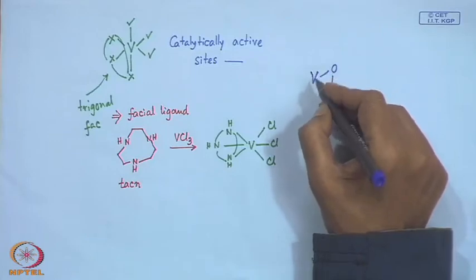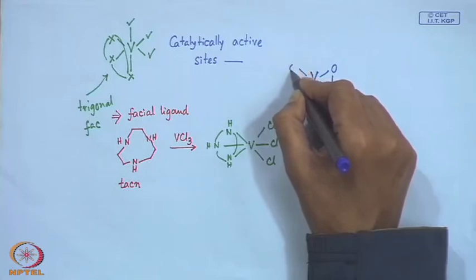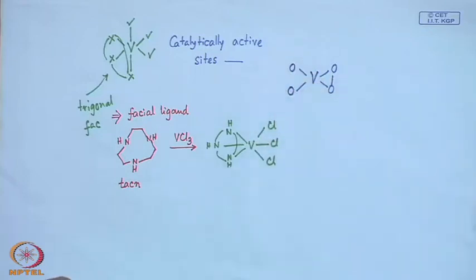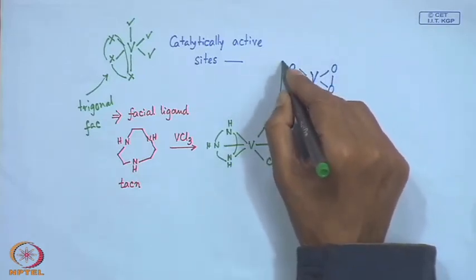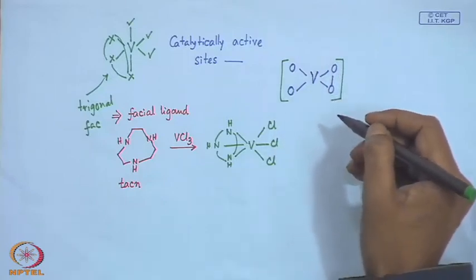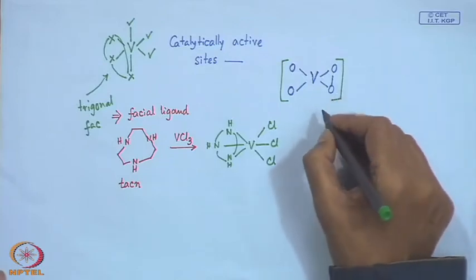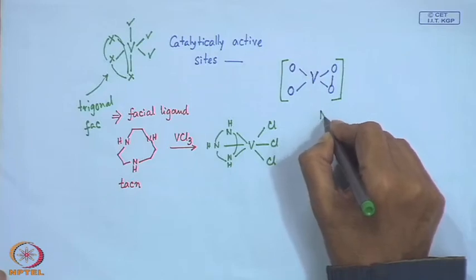So, the NMR data we can have, because these two oxygens are not changed, the dioxo-vanadium center is attached to the peroxo species. This entire entity can be analyzed through vanadium-51 NMR.